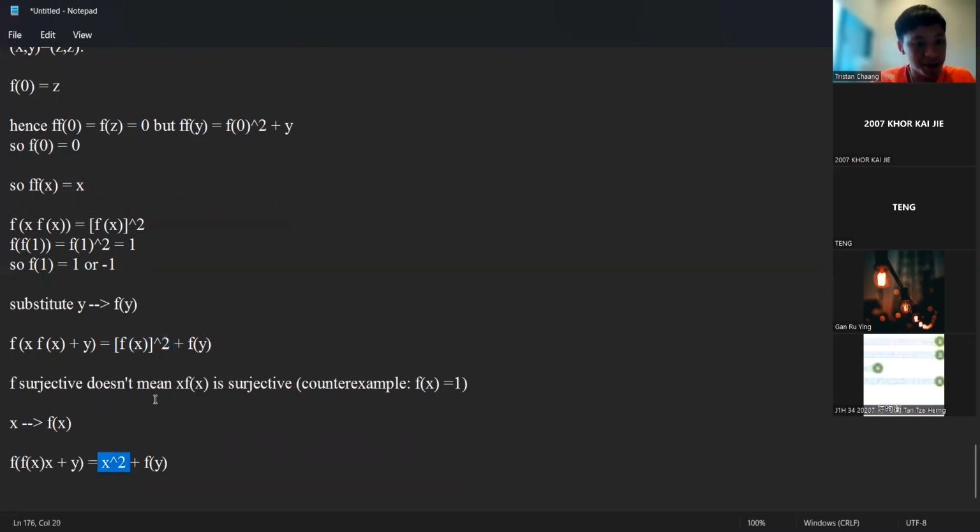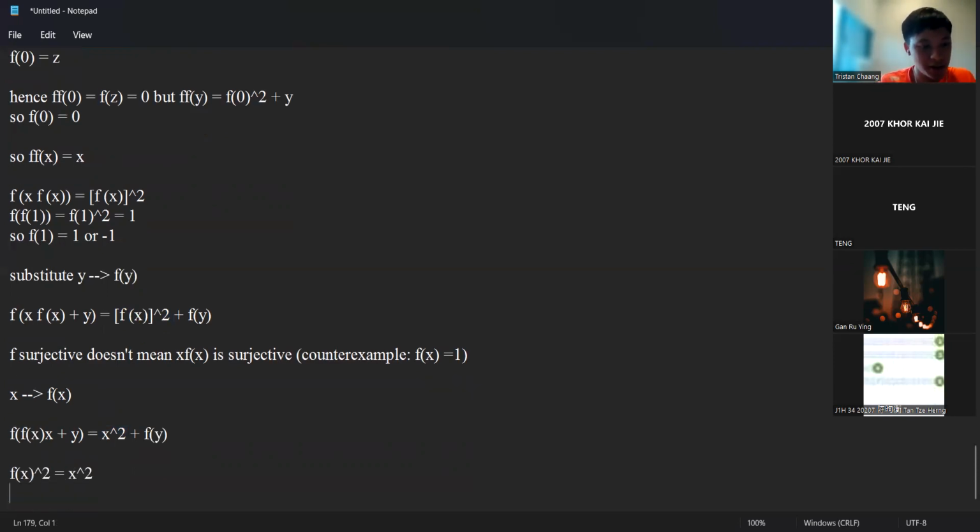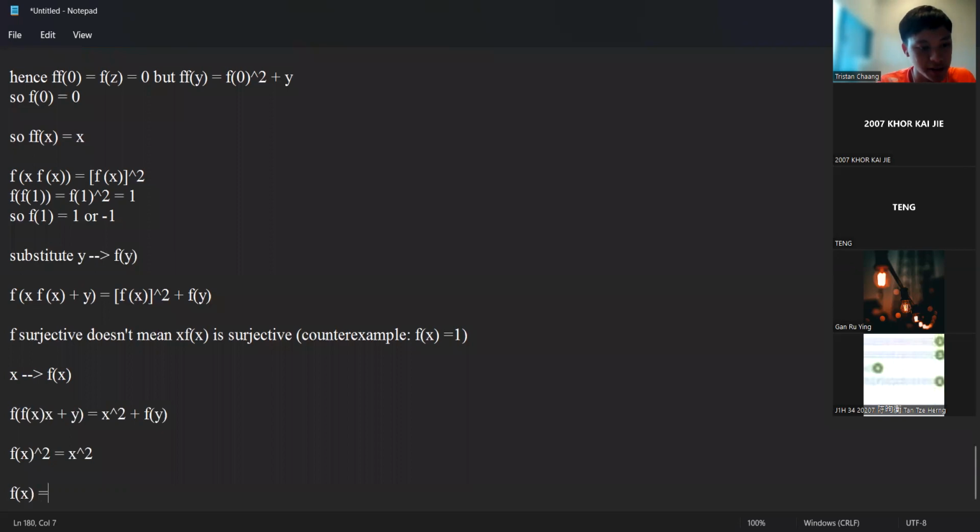So comparing these two equations, we get that fx squared is x squared. And hence fx is x or fx is minus x. But again, this is a pointwise trap. So maybe there are some x's that obey the first rule, there are some x's that obey the second rule.